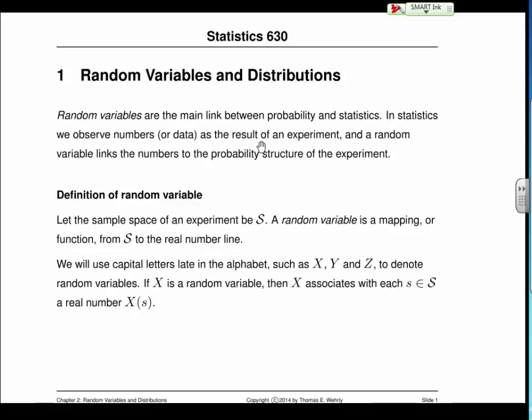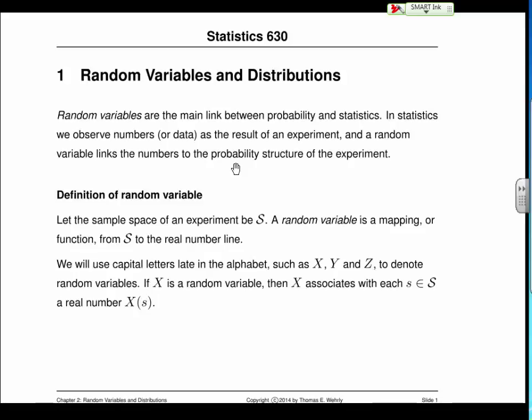Now, before we can do that, we need to look at those possible outcomes of the experiment, and random variables will give us models that will lead to the numbers as the result of the experiment, and give us a probability structure for those numbers that depends on the nature of the experiment.